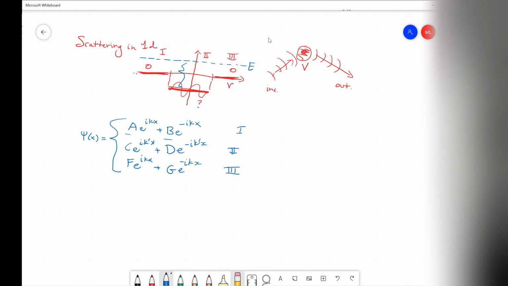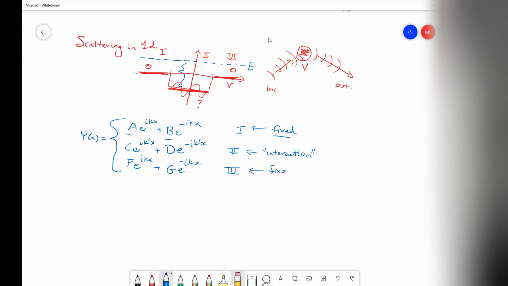And for the most part, these are fixed for any scattering problem, in the sense that all the exciting stuff, the interaction, happens in region 2. Here we have a very simple interaction with just a flat potential, but in principle, you can make something wiggly or more complicated.